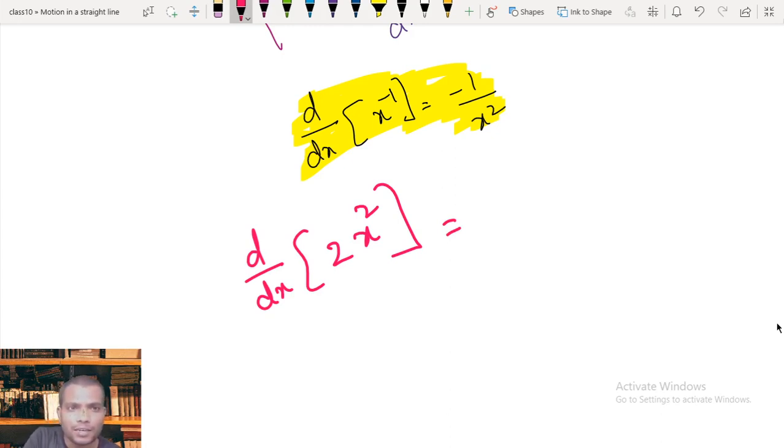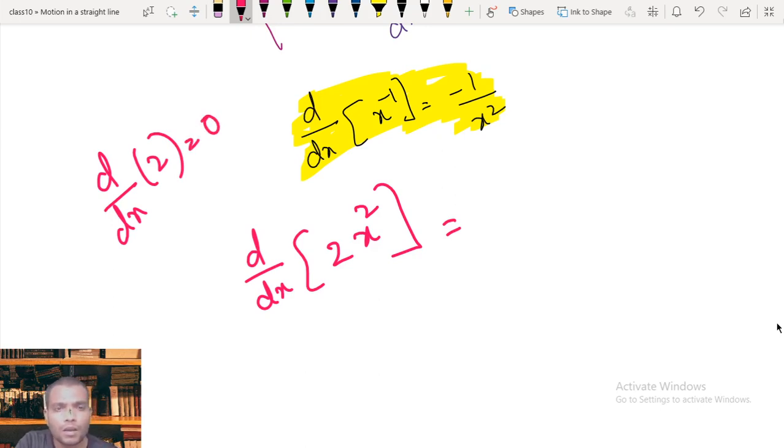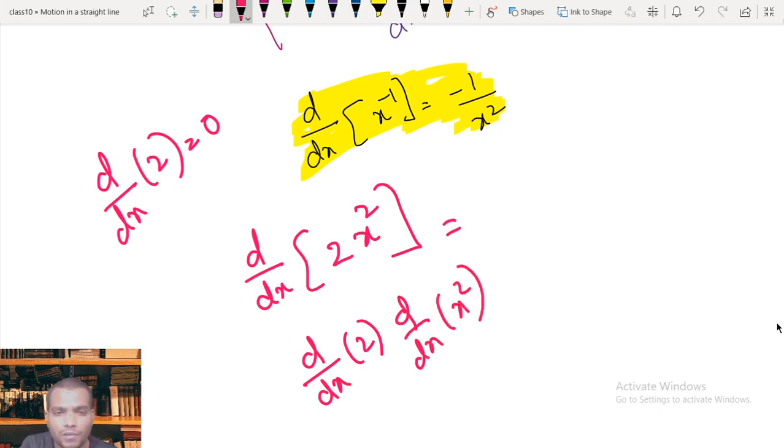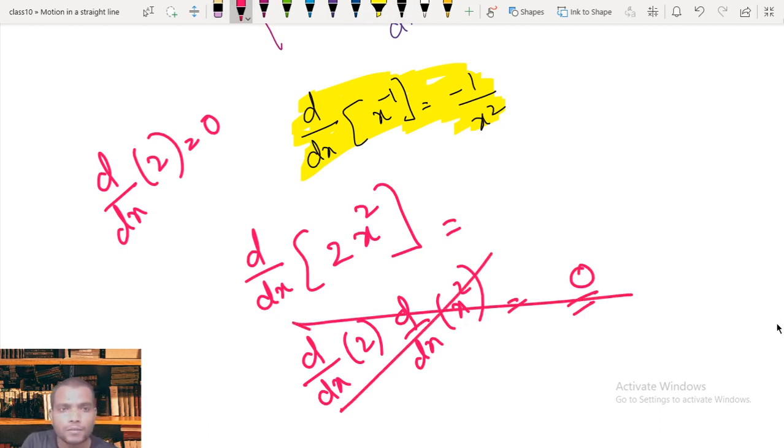We know that d by dx of 2, a constant, differentiation goes to 0. And I was telling you that you should not split it like this. It means you cannot write d by dx of 2 and d by dx of x square separately and multiply them. If you do that, the answer goes to 0, because 0 into something goes to 0. So we cannot do that.